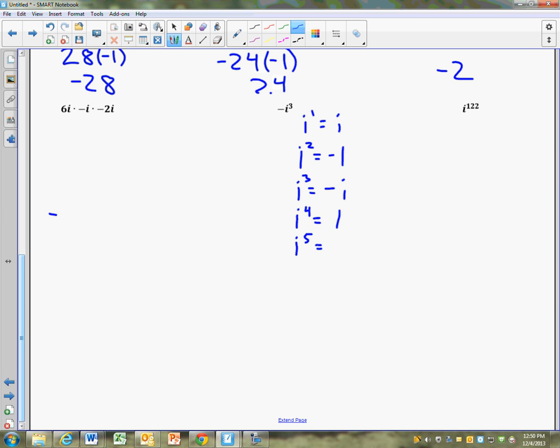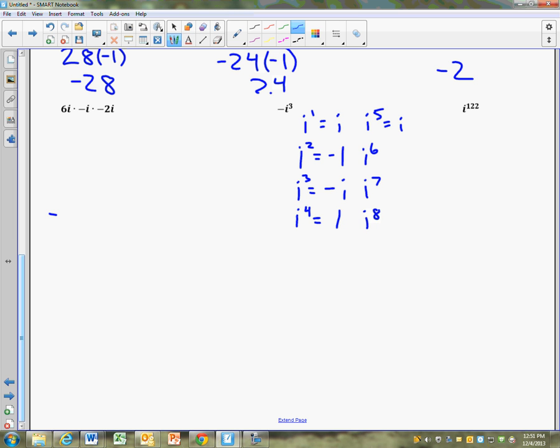That's the same as that, isn't it? i to the fifth is the same as i to the first. So what's going to happen? It's a cycle. It's going to repeat itself over and over and over again. So this will be i to the sixth, i to the seventh, i to the eighth.